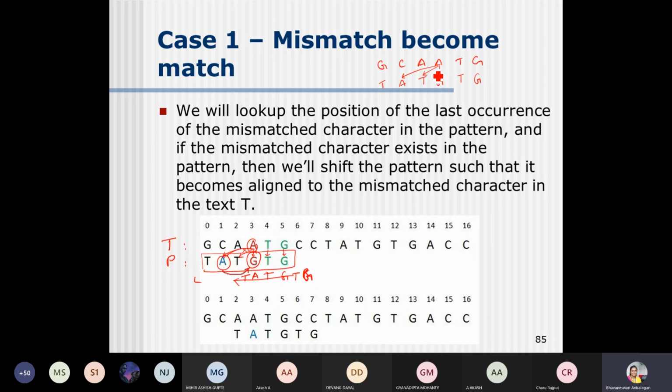So I will move the entire pattern so that it gets aligned with this matching A. This A will come here, the T is before it, and then again T, G, T, G is going to be available. It will again start matching from right to left. So this is one of the cases.